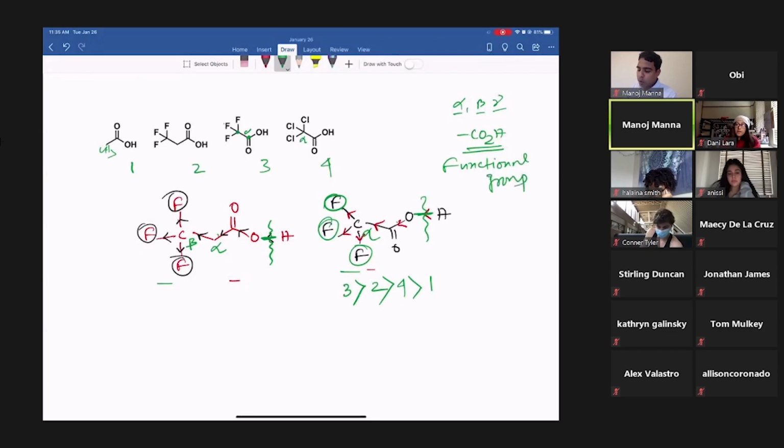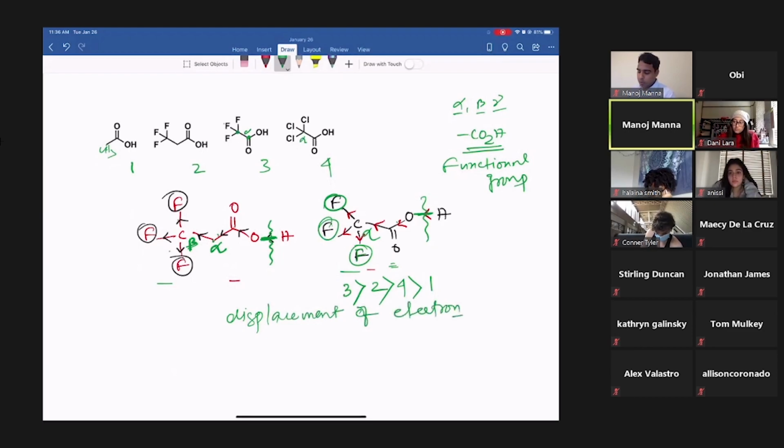So the carbon directly connected with the functional group is the alpha carbon, and this is the beta carbon. In this case the fluorines are on the alpha carbon, but in this case the fluorines are on the beta carbon. So the beta fluorines have less effect on the displacement of electrons over here.